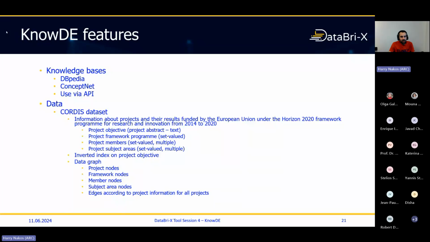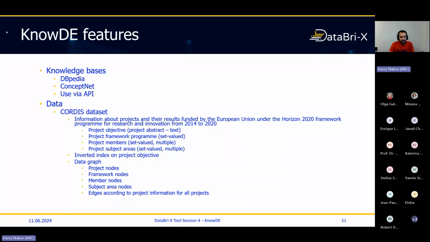Currently, KNOwDE supports DBpedia and ConceptNet for entities and concepts that are part of an ontology or taxonomy. And access to these knowledge bases is performed using the API that each one of these knowledge bases provides. The second part of KNOwDE is the data itself.